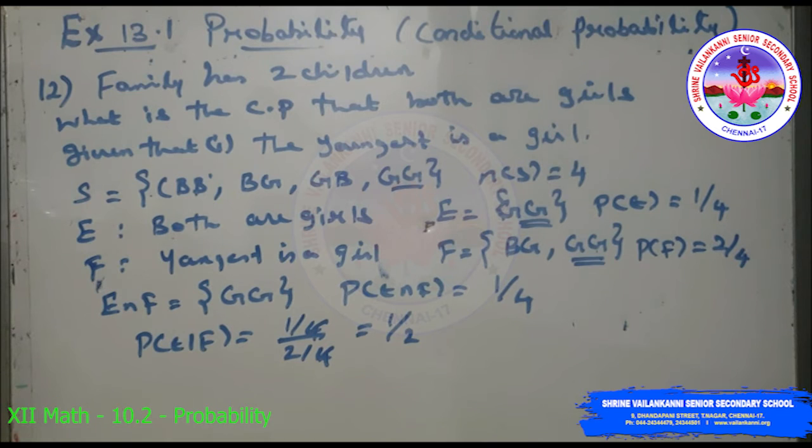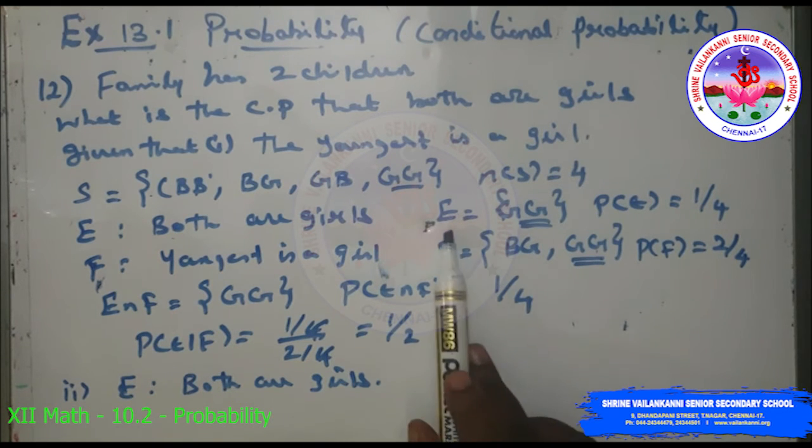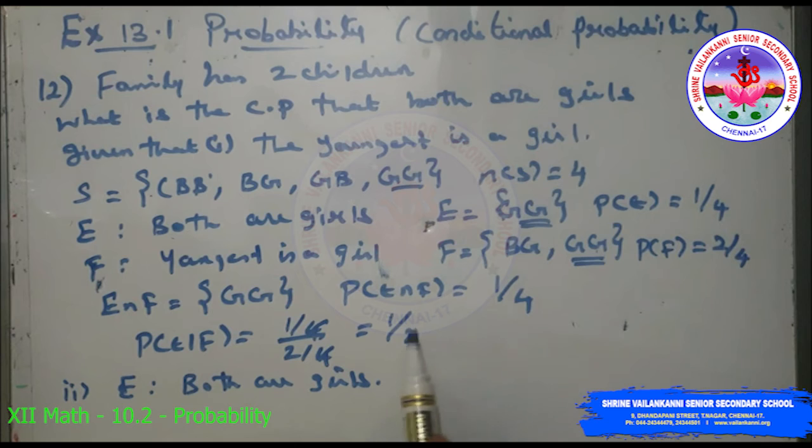So second subdivision, at least one is a girl. The same event, E is an event, both are girls. So E equal to GG, P of E is 1 by 4, and F is an event, second subdivision, at least one is a girl.